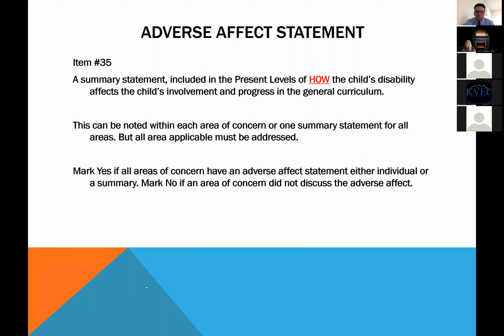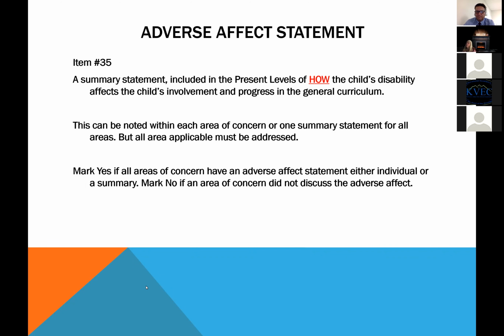Okay, so item number 35 talks about your adverse effects statement. Sometimes, I know this is aggravating because it's hard to relate to how you want to write that statement. Sometimes that statement's not a statement.